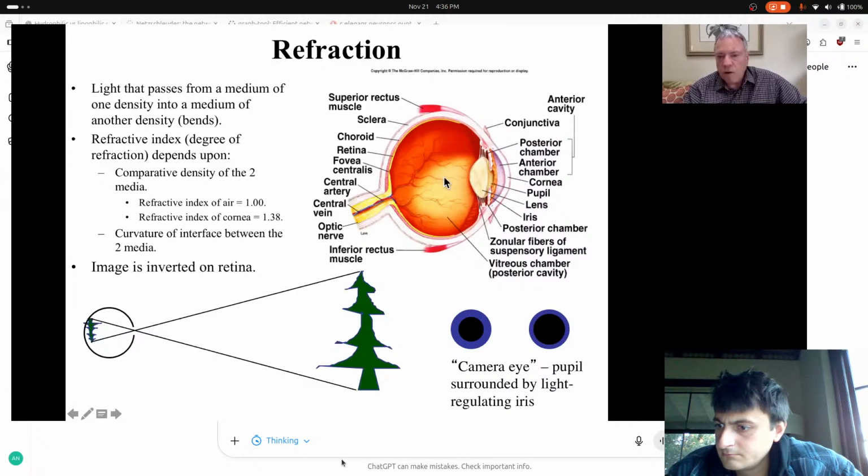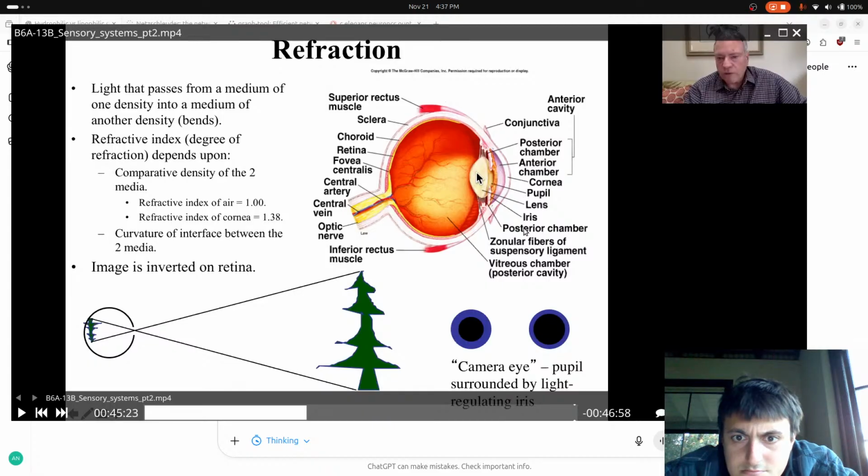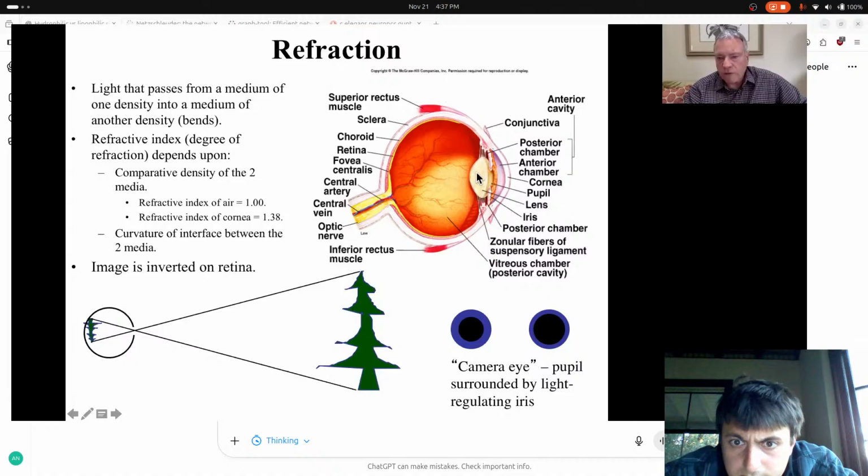Then we go into these different chambers of different liquids, and then the lens here, which is doing the final focus, sort of fine-tuning the focusing.